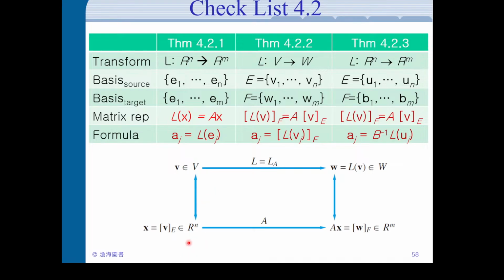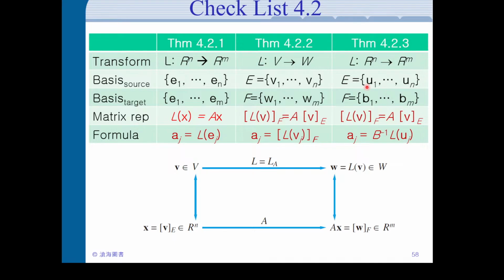So we need to start from ej inside this Rn, and maybe go to Vj, and Vj gets mapped by L to L of Vj, and then we need to find the coordinate of L of Vj. And this is all very abstract, and we see how this works out in a more restricted case, but more general than Rn to Rn.